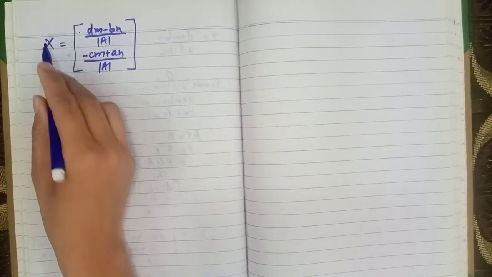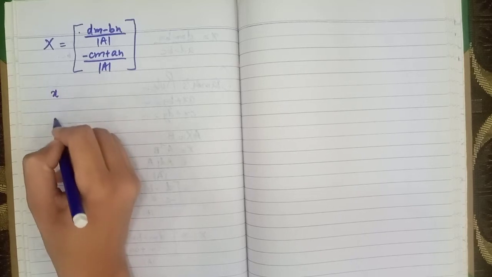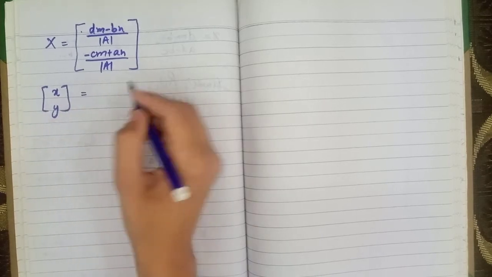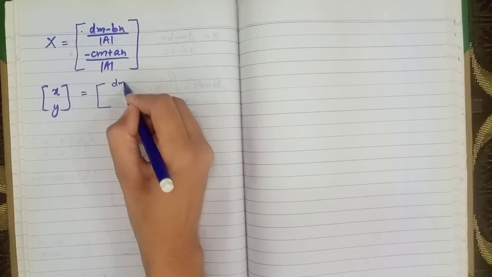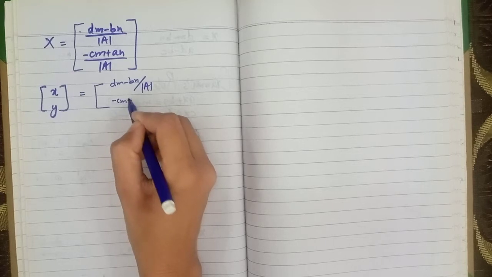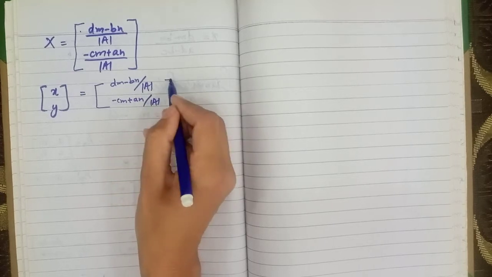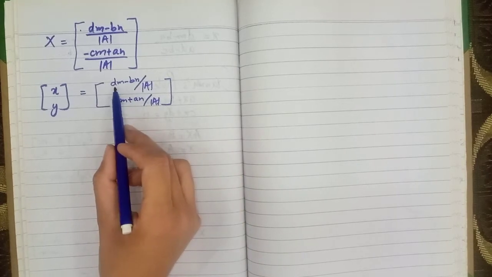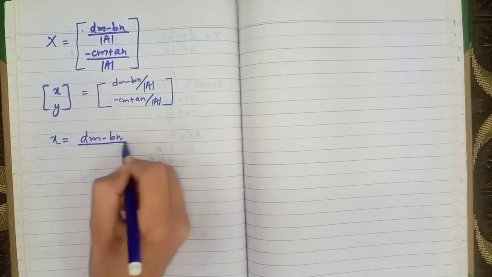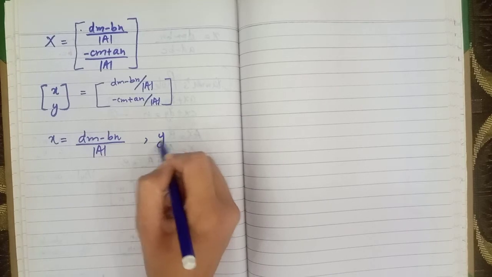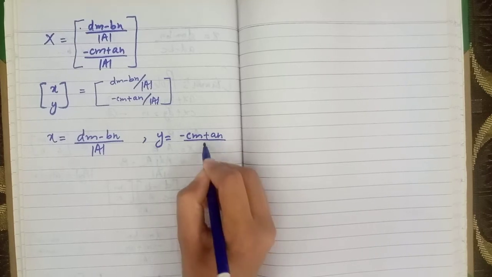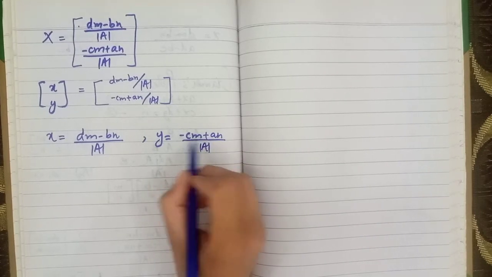Now, instead of X, if you put x, y, here x equals dm minus bn divided by determinant of A, y equals minus cm plus an divided by determinant of A. It doesn't matter whether you write an or minus cm first.